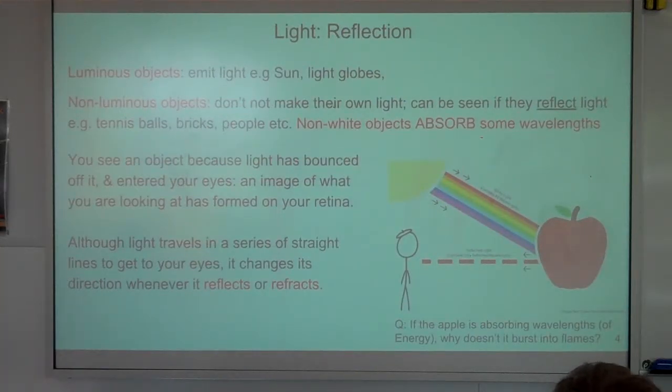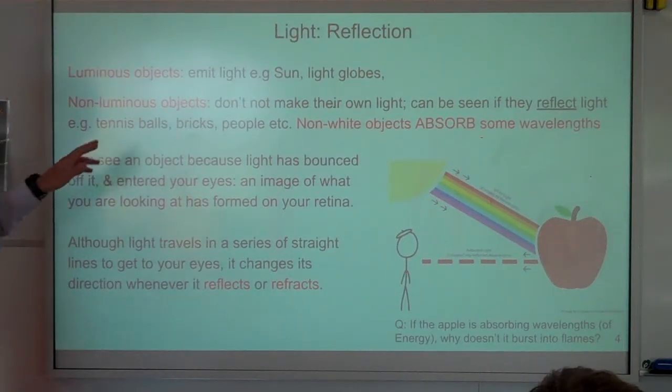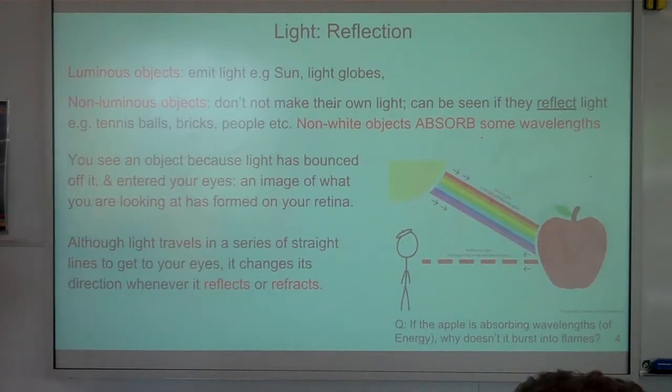Now, luminous objects emit light. The sun, for example, or light globes. Okay? The moon is not luminous. It reflects light. Okay? So, non-luminous objects don't make their own light. They can be seen if they reflect light. So anything that reflects light can be seen. If something absorbs light, or most of the light, it's black.